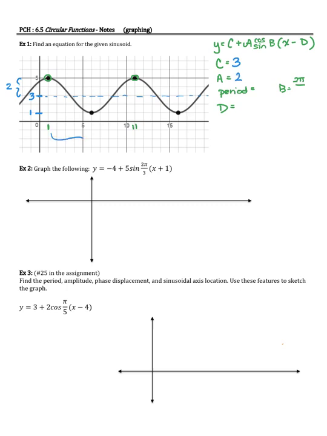My period is the distance it takes to complete one cycle. And so that is a distance, 11 minus 1 is 10. So we know the period is 10. Then 2 pi over 10 is what I would use to write the equation, which reduces to pi over 5. And I start the cycle at a positive 1.